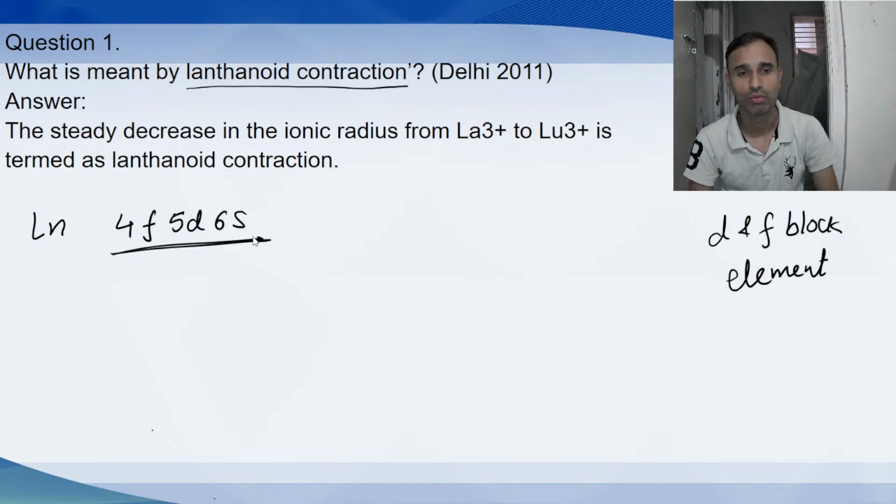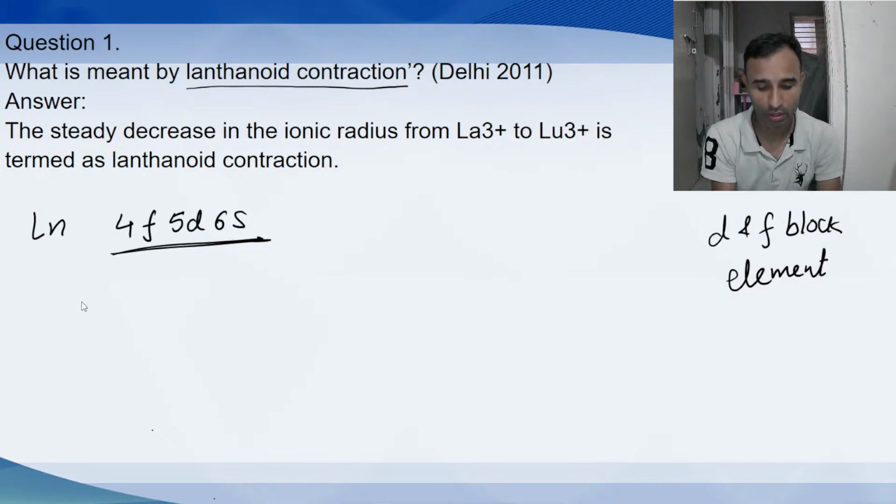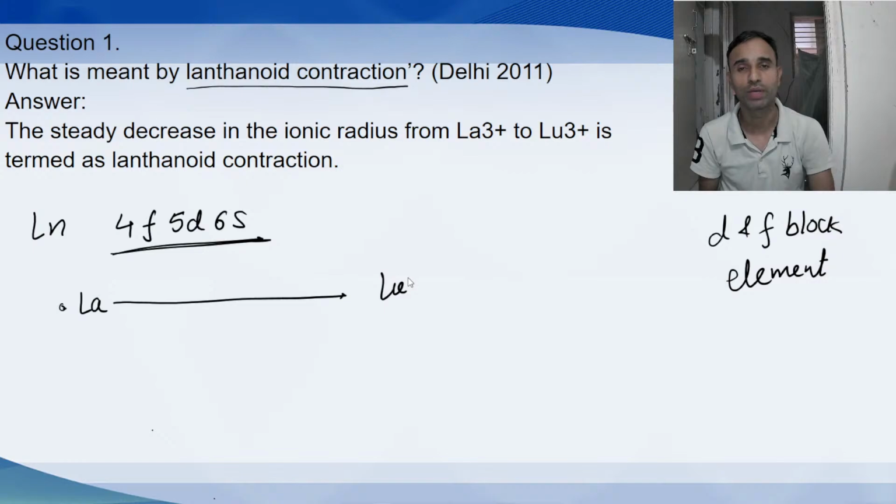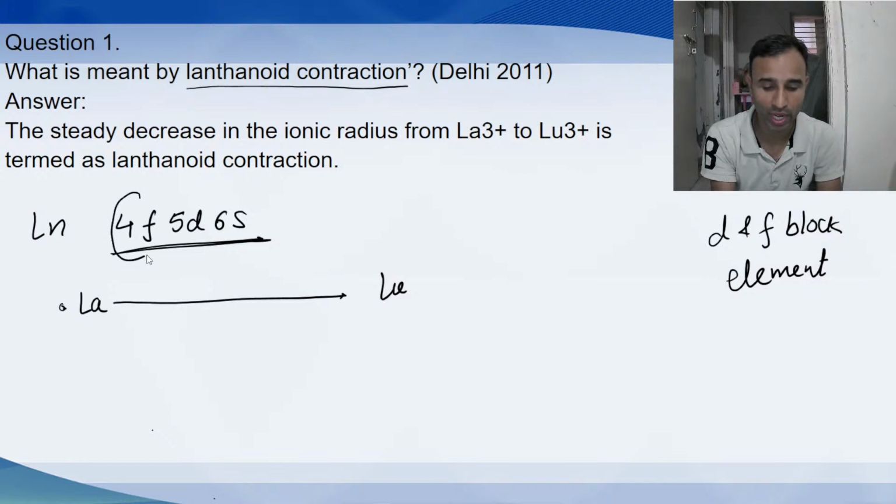F subshell of the fourth shell, D subshell of the fifth shell, and S subshell of the sixth shell. So when we go on from lanthanum to lutetium, there is filling of electrons in the 4f orbital, means inner orbital.